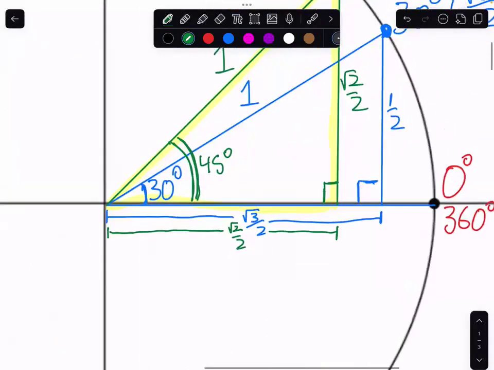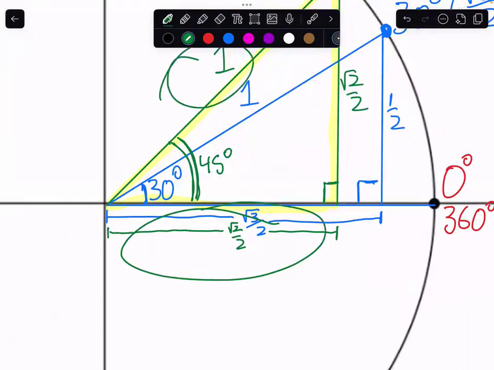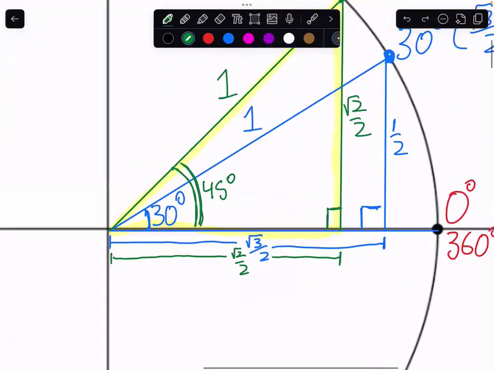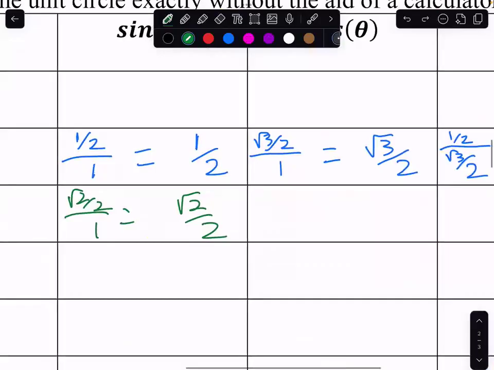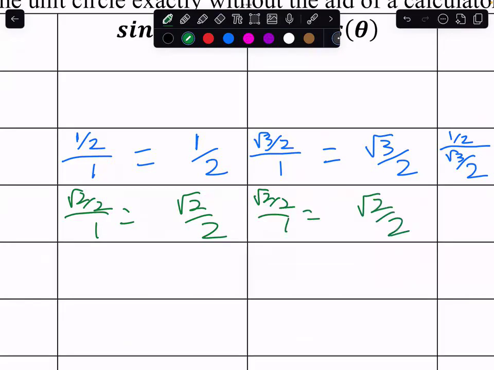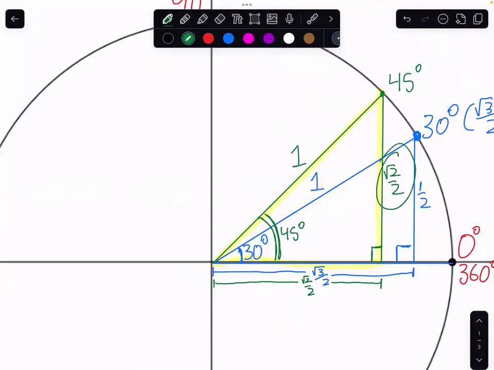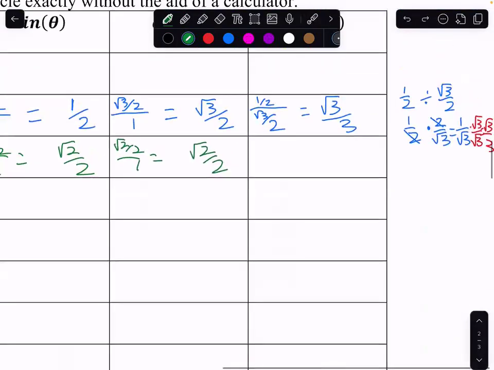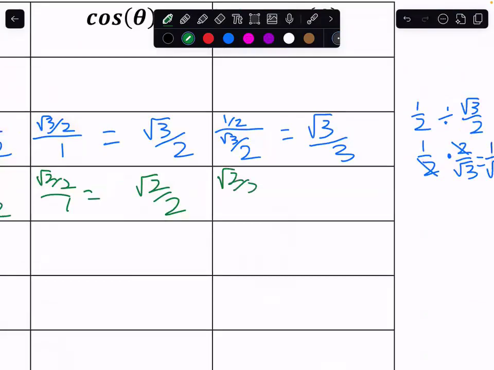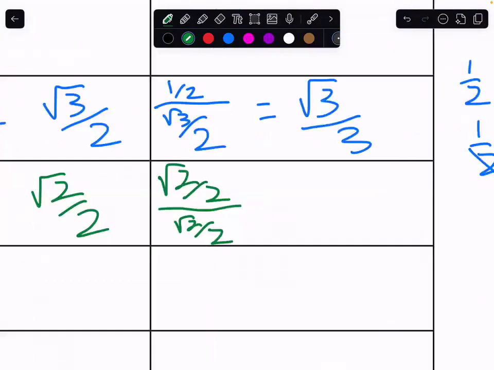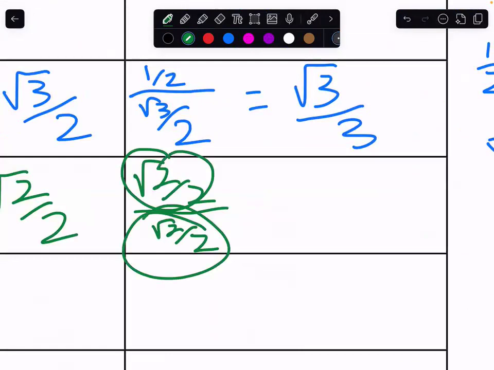Cosine, adjacent over hypotenuse, that would be radical 2 over 2 over 1. And tangent, opposite over adjacent. So radical 2 over 2 divided by another radical 2 over 2. Okay, so when you divide any number by itself, it equals 1 whole.